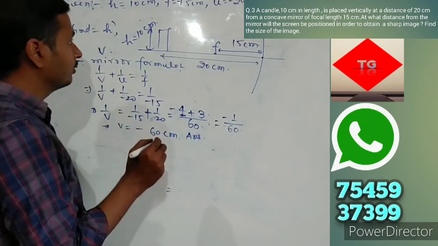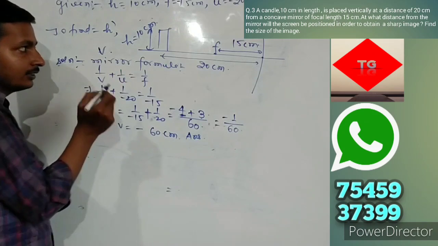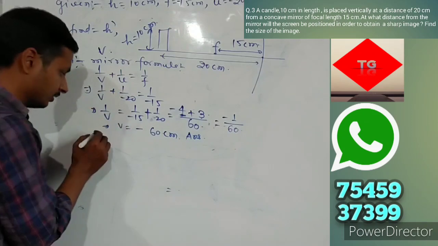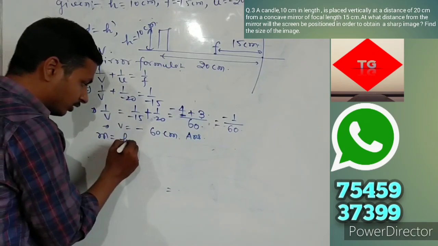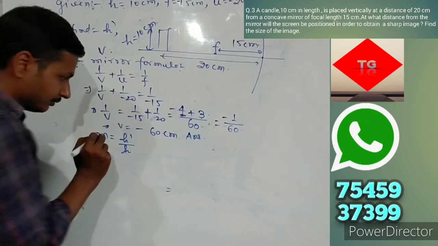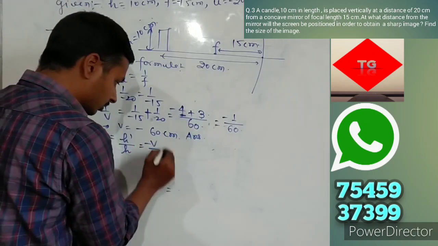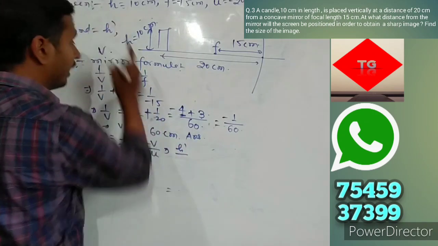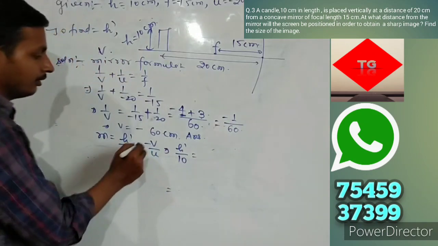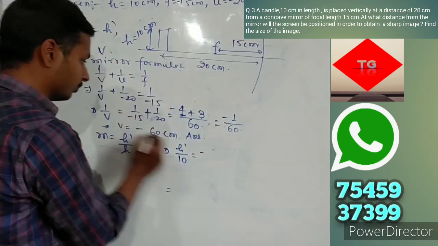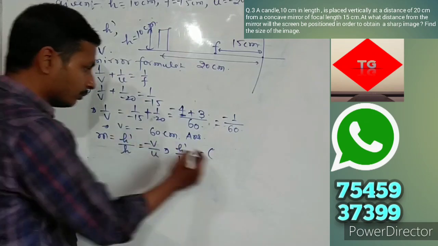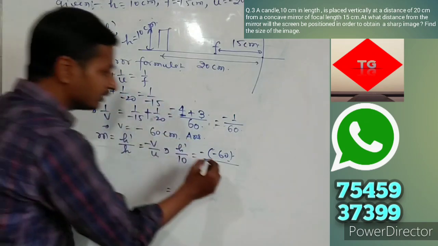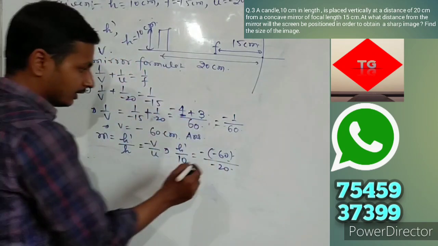For finding the height of that image, you have to use the formula of magnification. Magnification is height of the image upon height of the object, which is equal to minus v upon u. After putting the values, height of the object is 10, v is minus 60, and the object distance is minus 20.